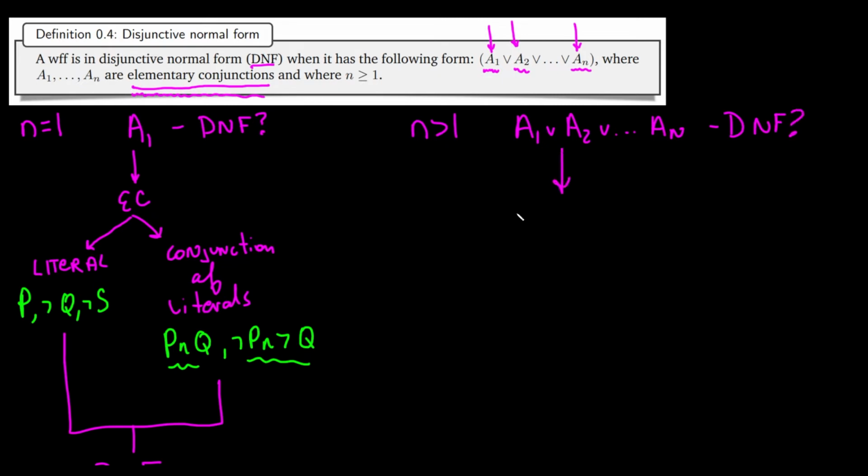The answer to this would be yes, provided you have a disjunction of elementary conjunctions. So if you had elementary conjunction 1 or elementary conjunction 2 or elementary conjunction 3, all the way up to, let's say, elementary conjunction n, provided you have a disjunction where each one of these disjuncts is an elementary conjunction, then your formula would be in disjunctive normal form.